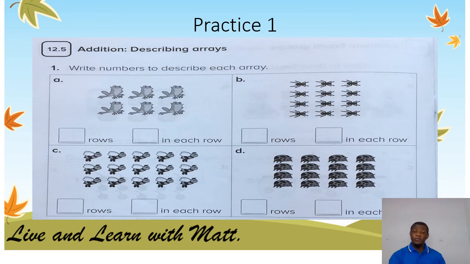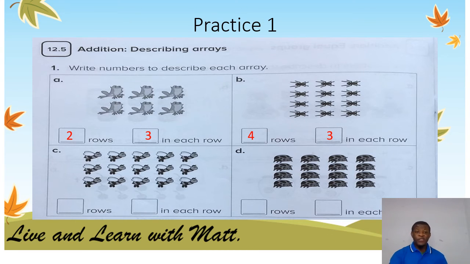Okay, are we done? Are you done? All right, now let's go. Part 1A, we have 2 rows and 3 in each row. Part B, we have 4 rows and 3 in each row.